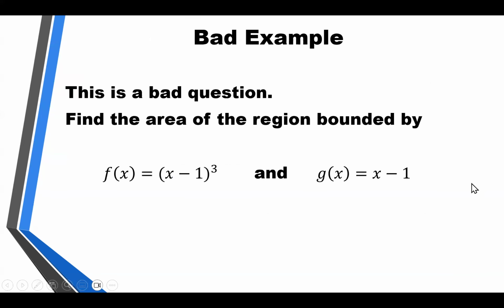Let me give you a bad example. If I asked someone to find the area of the region bounded by f of x equals the quantity x minus 1 to the 3rd power, and g of x equals x minus 1, it turns out that these 2 curves produce multiple closed bounded regions.